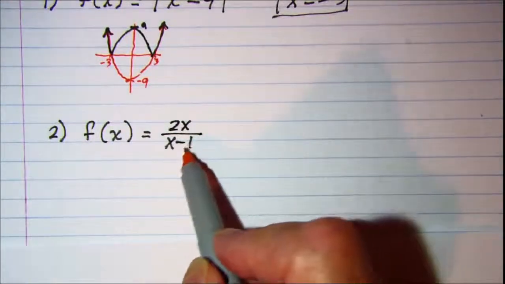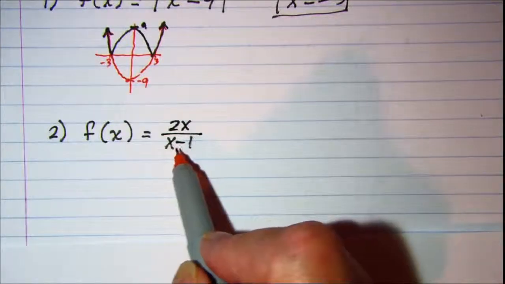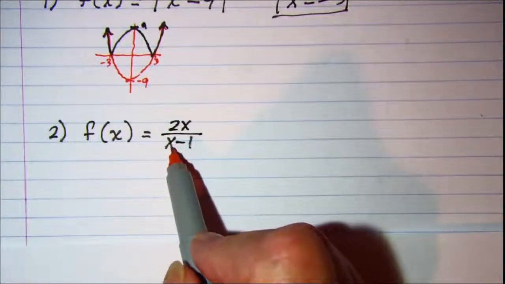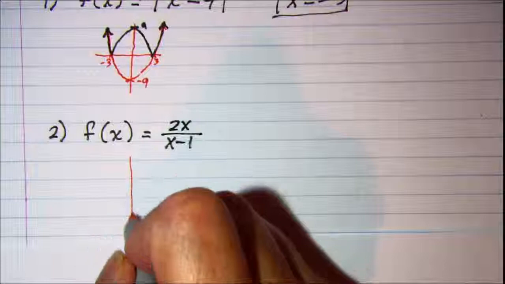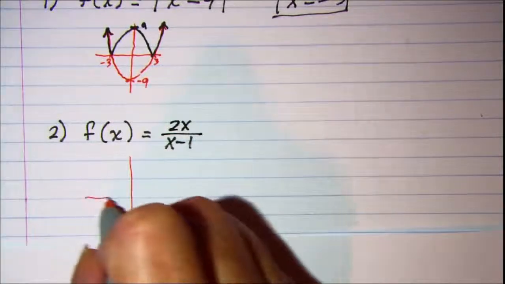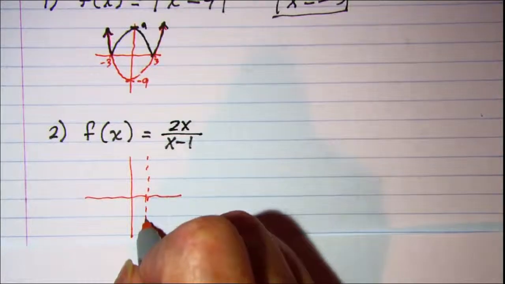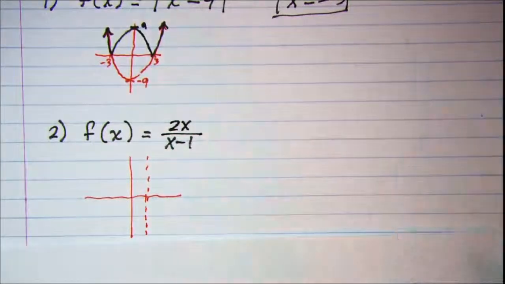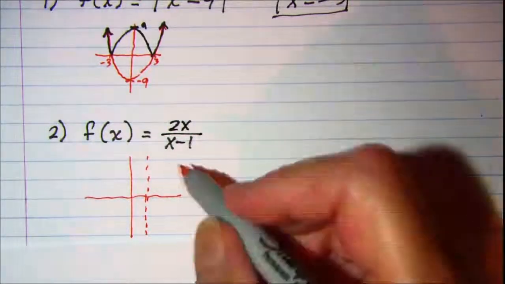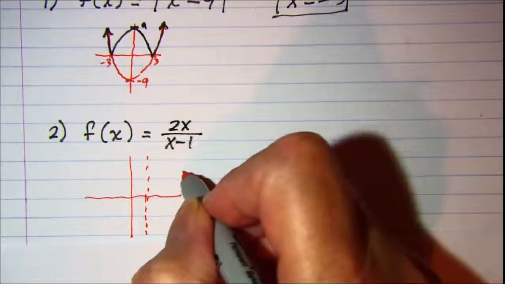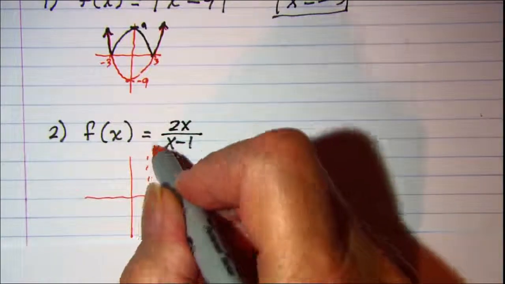For this one, we have a vertical asymptote at x equals 1. And so we have a graph that looks like this.